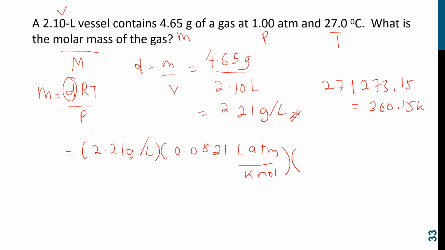Okay, so kita masukkan dalam formula 300.15 Kelvin, over pressure. Pressure is 1 atm.